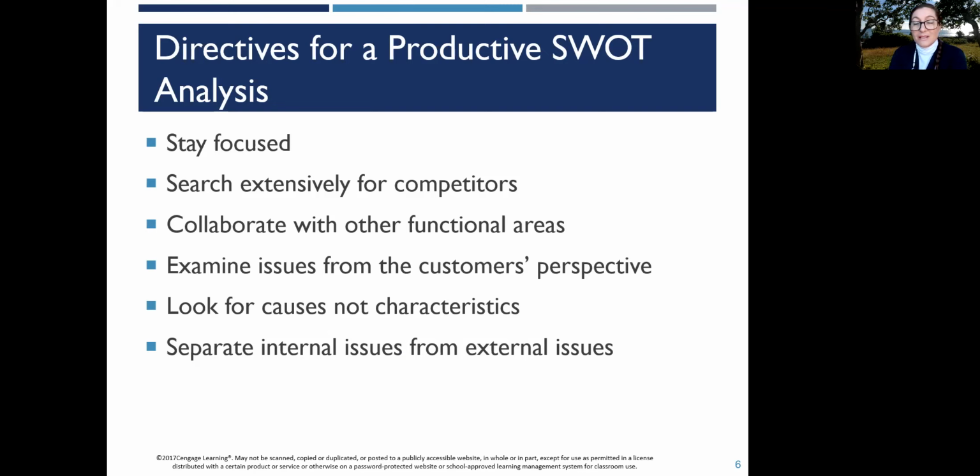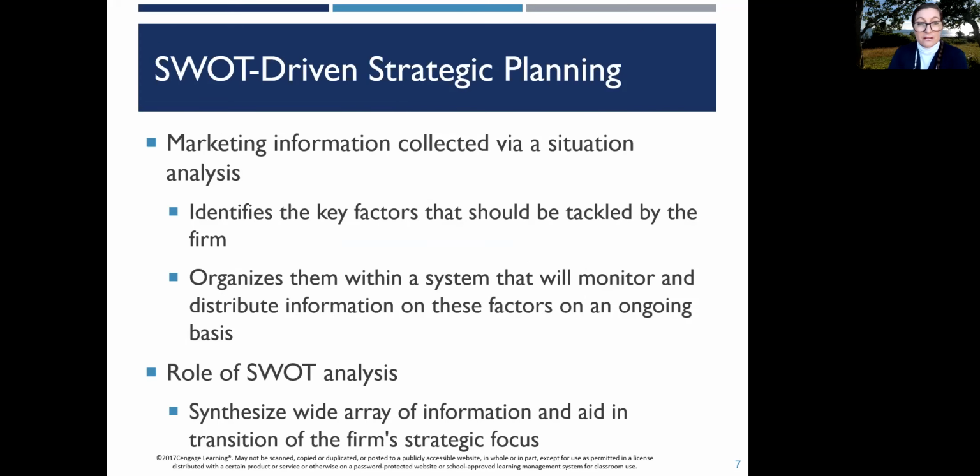We want to include stakeholder perspectives, so that includes customers' perspective, but it also includes employees' perspectives. Look for causes, not characteristics. So dig a little deeper than the superficial level, and separate these internal issues from the external issues.